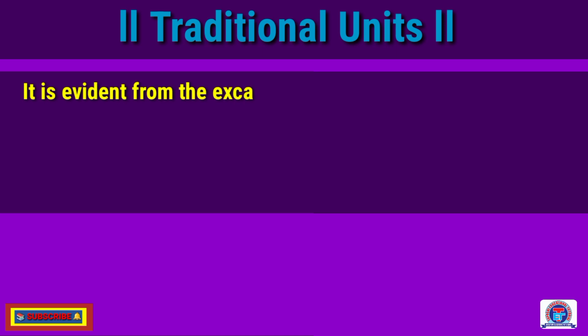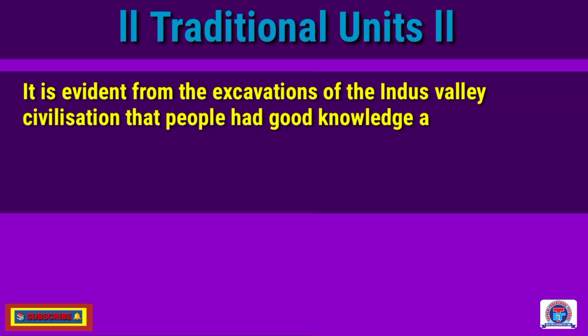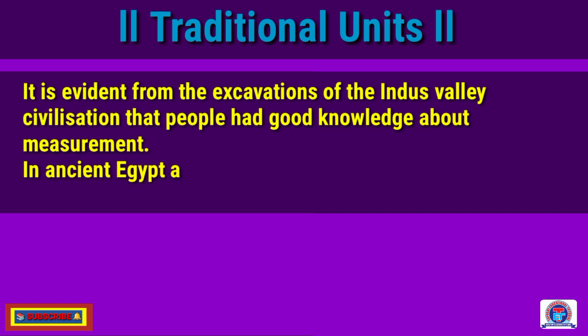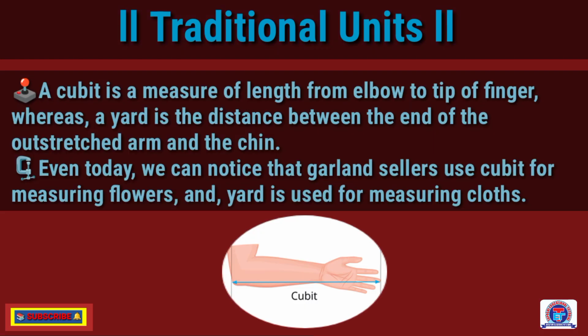Now we will discuss the traditional units. It is evident from the excavation of the Indus Valley civilization that people had good knowledge about measurement. In ancient Egypt and Rome, units like cubit and yard were in practice respectively.